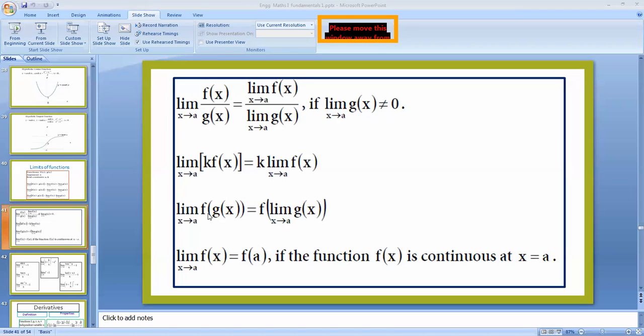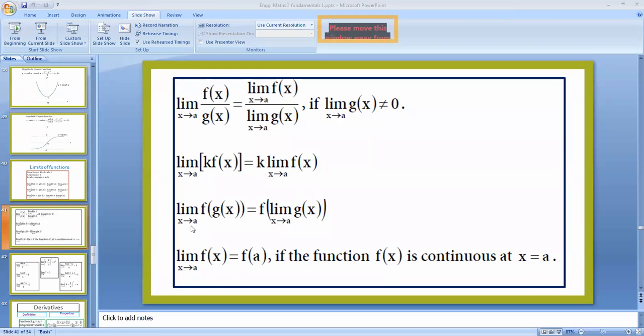Now what is that next? F of g of x. It means the function of a function of x, that is called the composite function. So if there is a composite function, how to apply the limit as x tends to a?